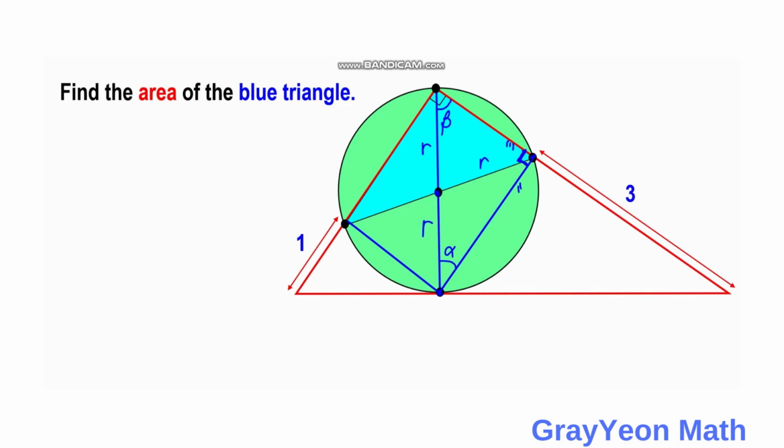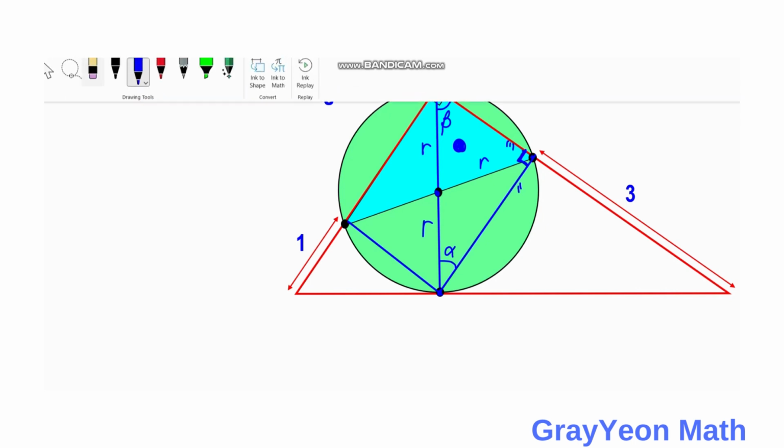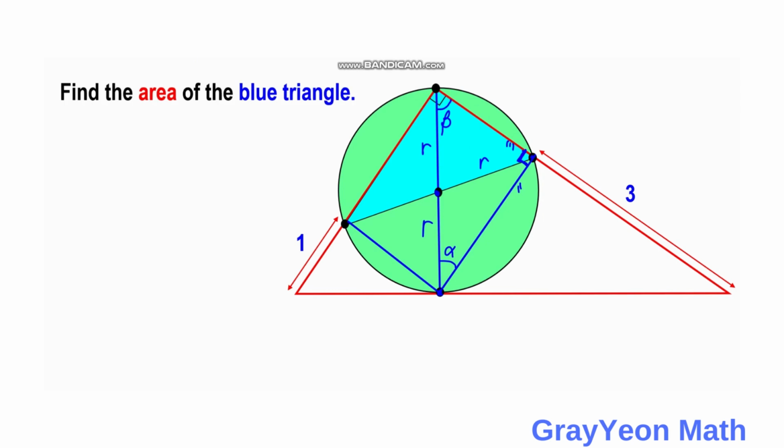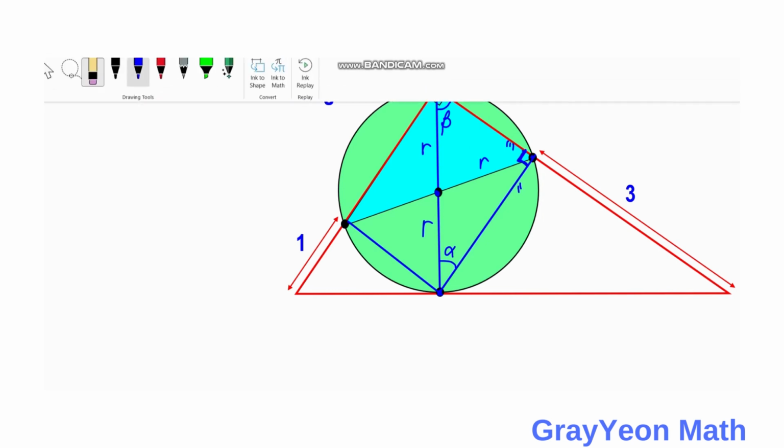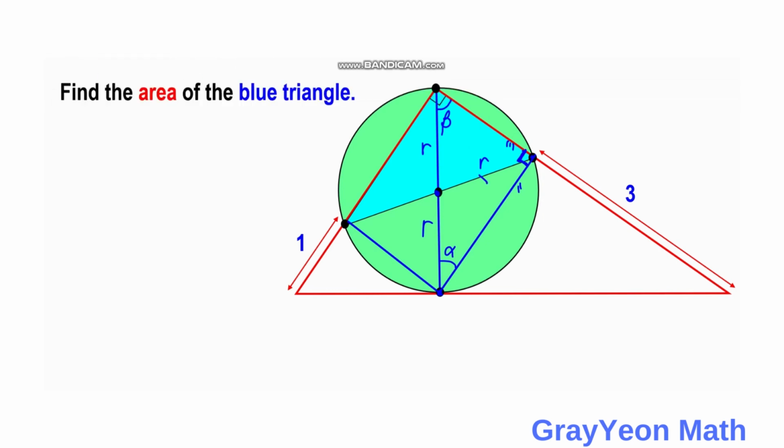If we focus on this triangle only, since this is R and this is R, this triangle is actually an isosceles triangle.